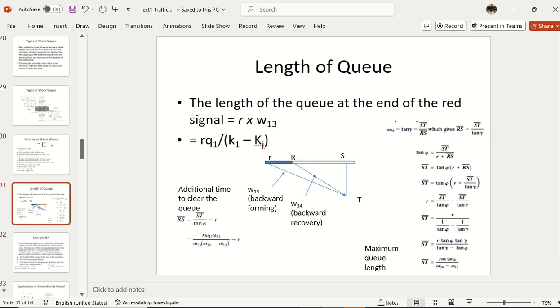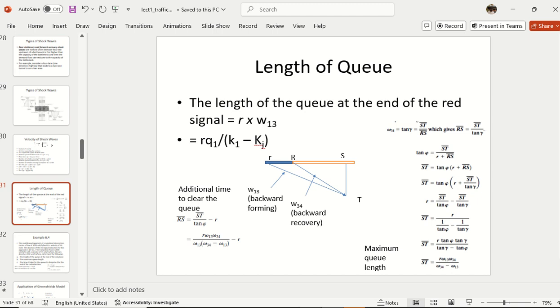So now you can calculate RS and ST. You need ST. Both we need. Okay, again remember, the W's are in miles per hour and this is in seconds. Okay, and keep in mind, RS is the time.